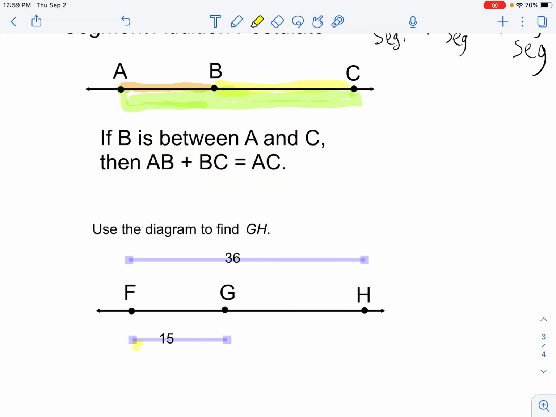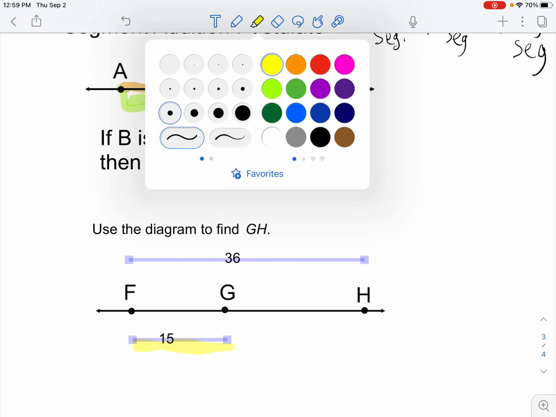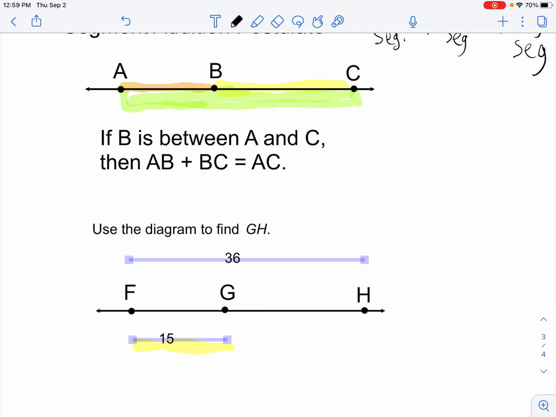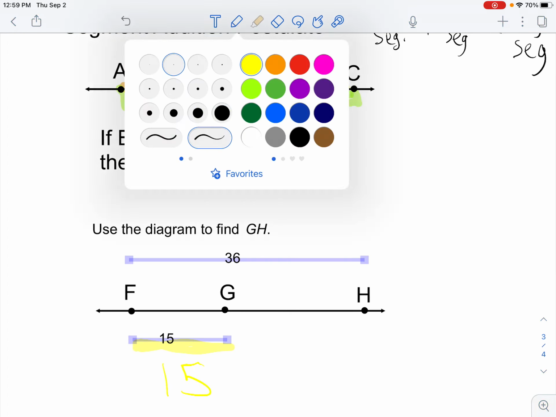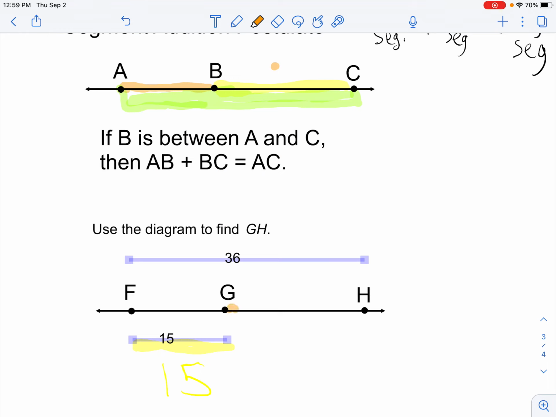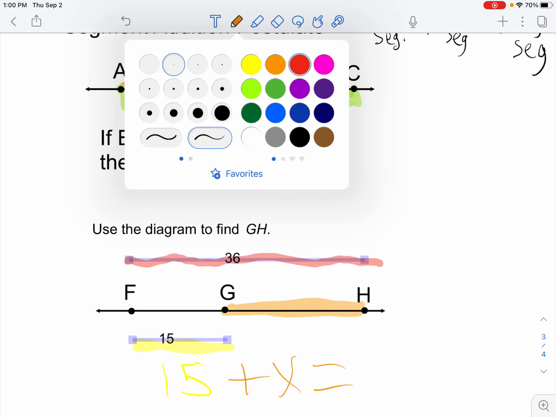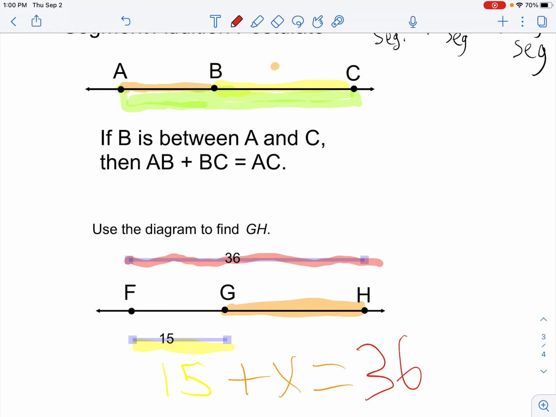If I take little segment FG, that's going to be 15. Let's keep the colors the same. And I add my other little segment, which I don't know what it is, GH. If I don't know what something is, I need to use a variable. So let's just use X. 15 plus X. Little segment plus little segment equals big segment, and the big segment in this case is 36.